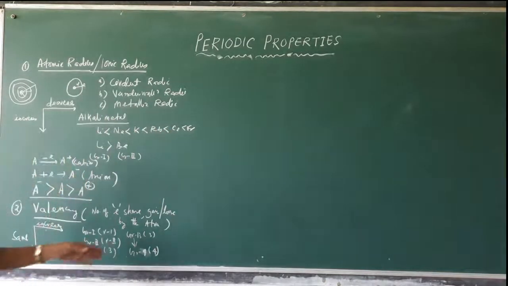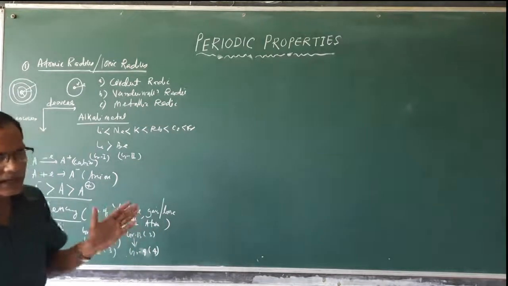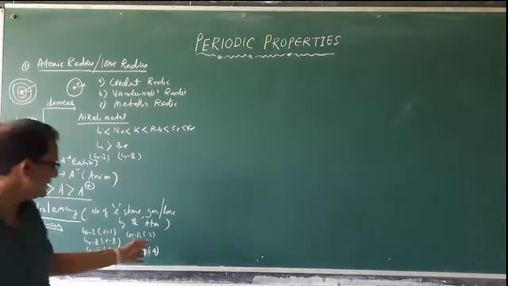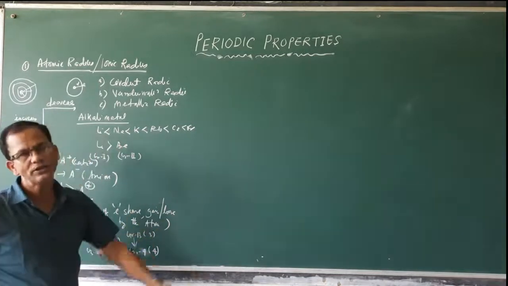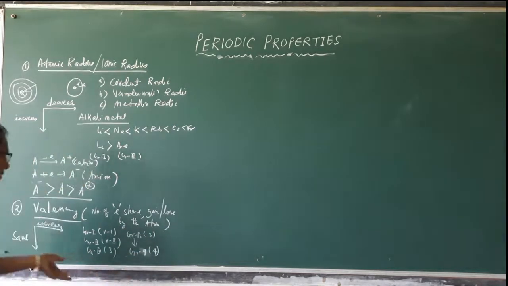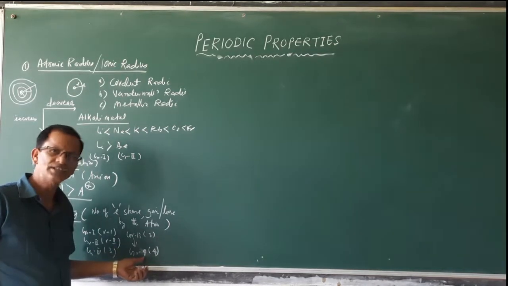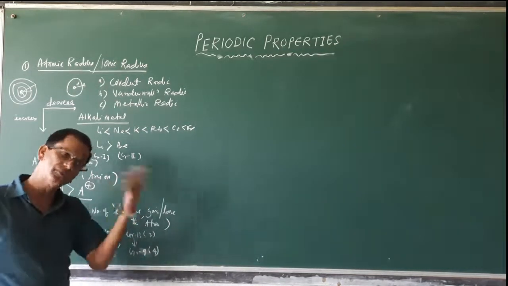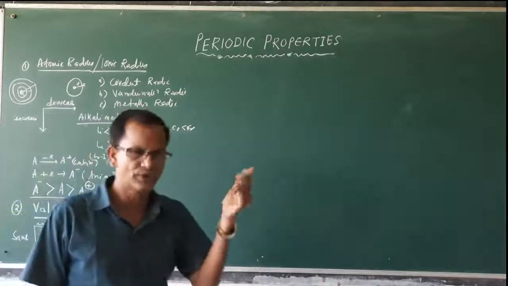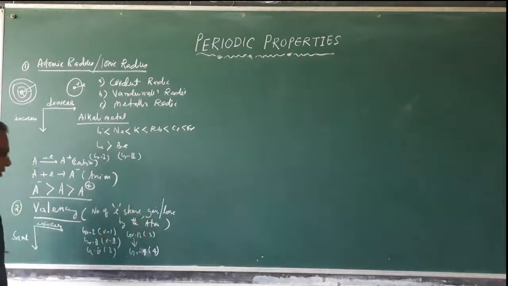If it is more than 4, then valency decreases, it will be 8 minus the group position, number of valence electrons. So group 1, 2, 3 up to 4, valency equals number of valence electrons. If it is more than 4, that is group 15, group 16, group 17, then valency decreases.